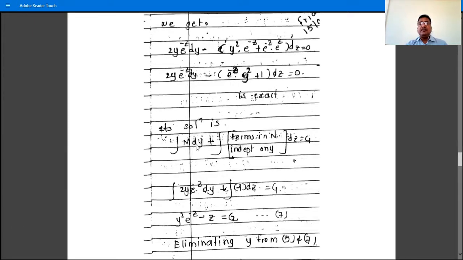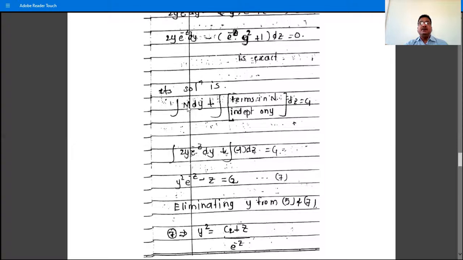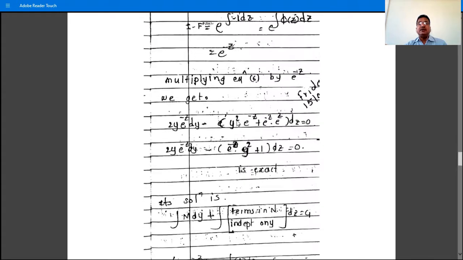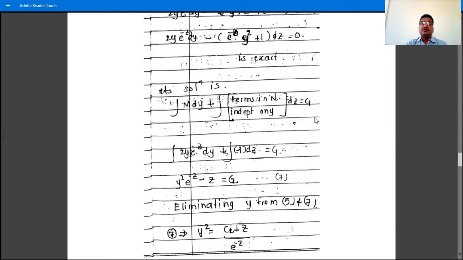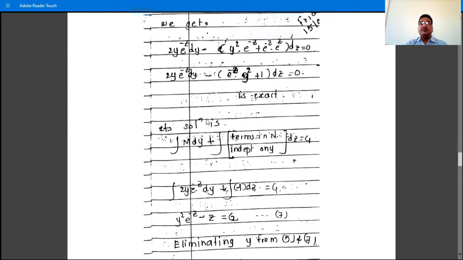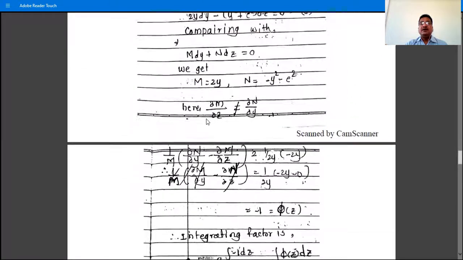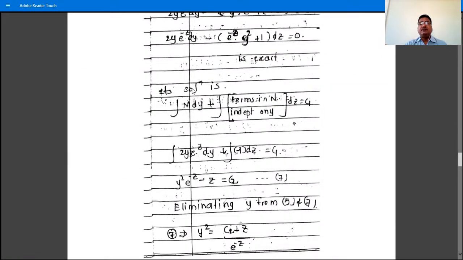And now the solution of an exact differential equation is what? Integration of M dx plus terms in N independent of x dy is equal to 0, if the given differential equation is M dx + N dy = 0. But if the given differential equation is M dy + N dz = 0, then the formula is integration of M dy plus integration of terms in N independent of y dz is equal to c1.